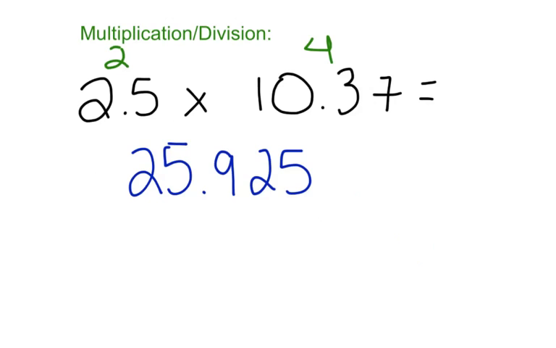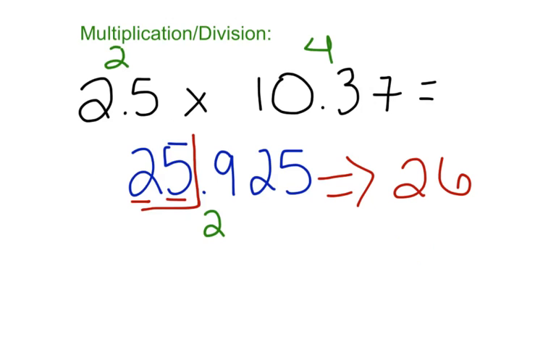So our answer needs to be rounded to 2 sig figs, which would be after the 5. The 2 and the 5 are our first 2 sig figs, so we're going to round it off there. The 9 rounds the 5 up, so this rounds to just 26.